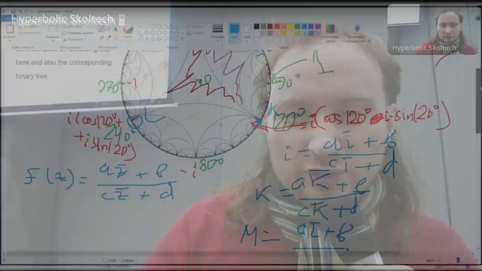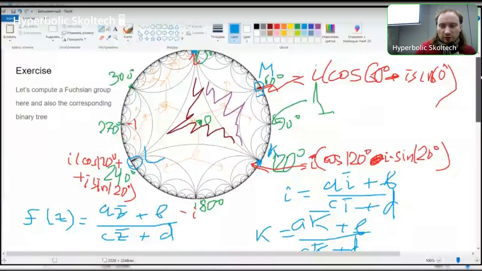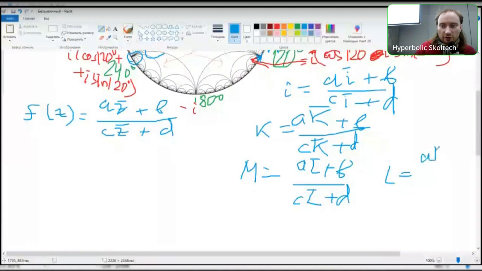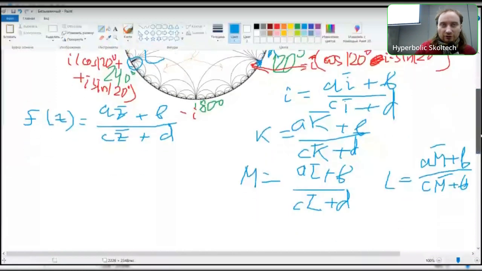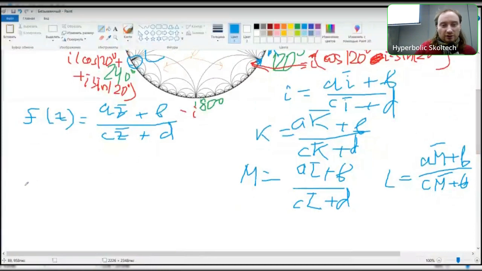Well, okay, let's just put it here. So L is (A M bar plus B) divided by (C M bar plus D). So we will now find out what A, B, C, and D are by solving a system of linear equations.